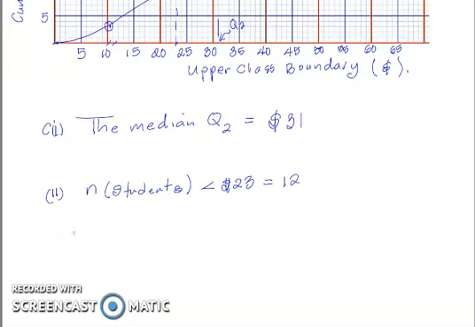And so now the probability of spending less than $23 would be equal to 12 out of what? 40.